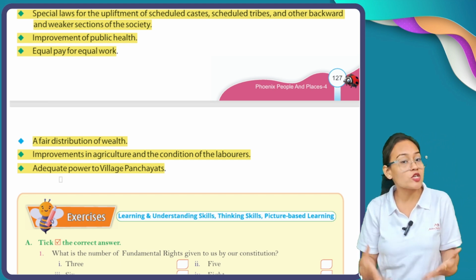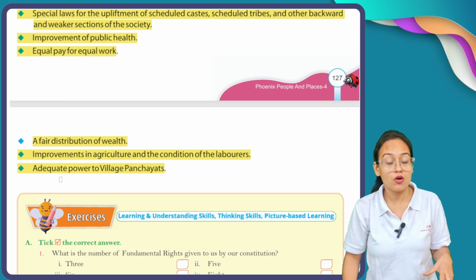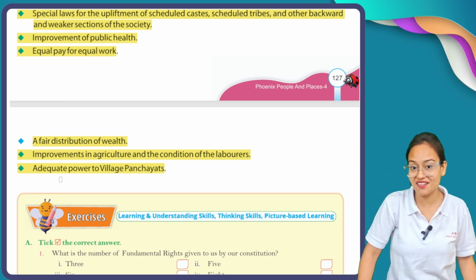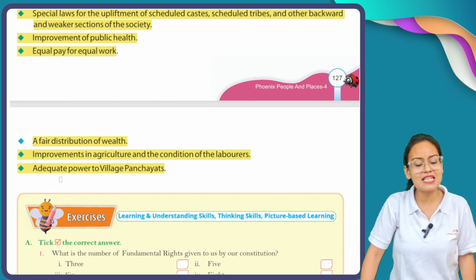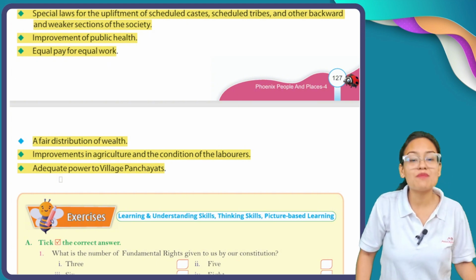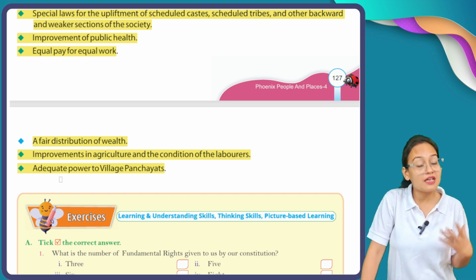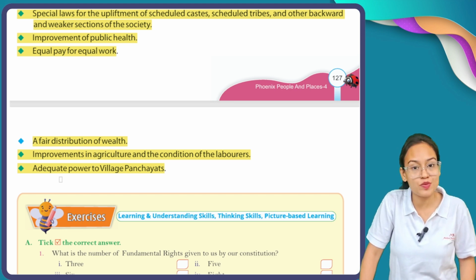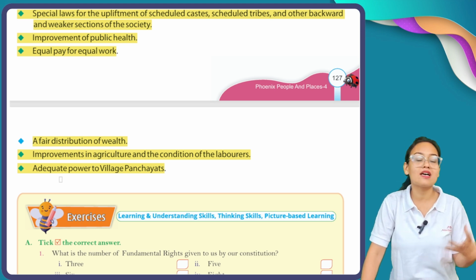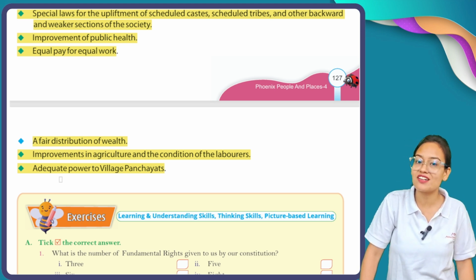It is the responsibility of the government to look after the labor section of our country. It is also the mandatory duty of our government to give an equal amount of power to village panchayats for the smooth running of the villages of our country, India.